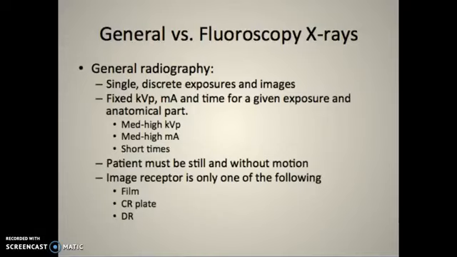So when we're working with general radiography, we use medium to high kVp, medium to high mA, and the shortest exposure times possible because of patient motion. The patient needs to be still, or else we get blurry images. Image receptors are film, CR, and DR plates.